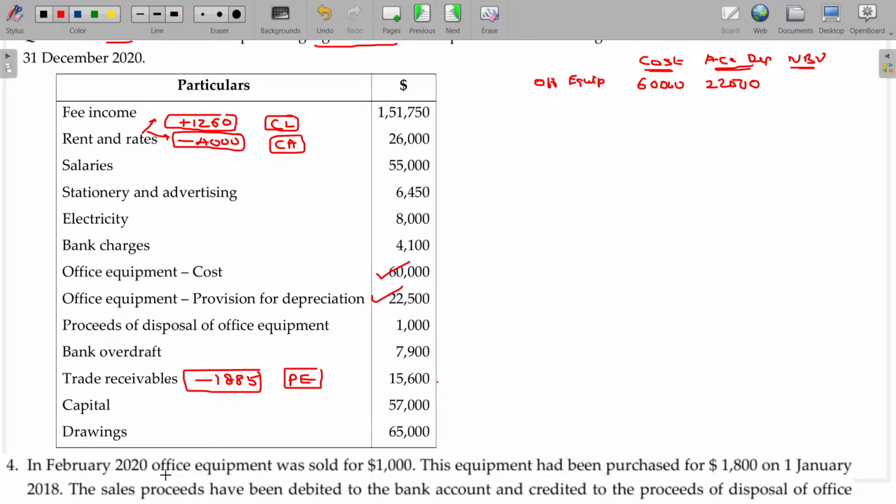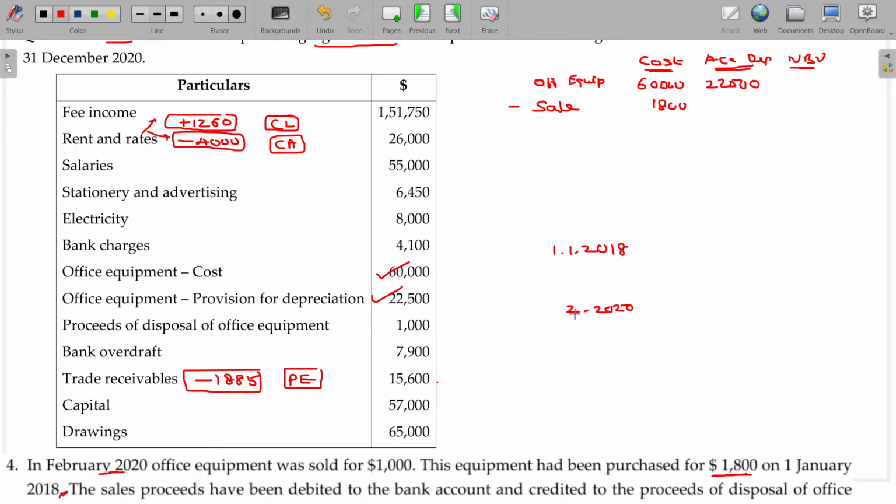In February 2020, office equipment was sold for 1,000. This equipment was purchased for $1,800 on 1st January. So there is a sale, minus sale. Actually 1,800 rupees worth machinery is going to be sold. That was purchased on 1st January 2018. Sold on which date?